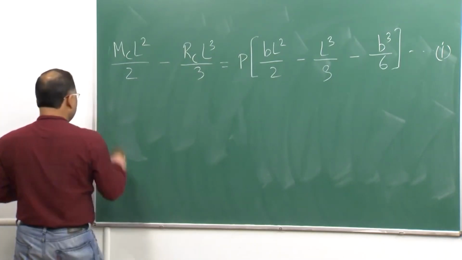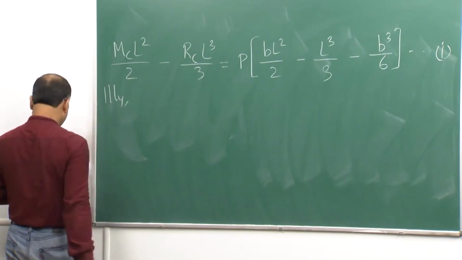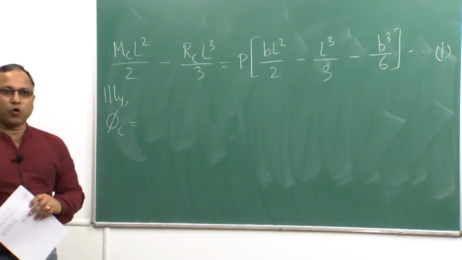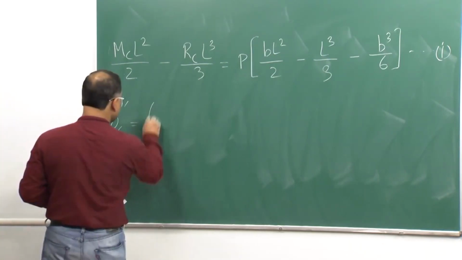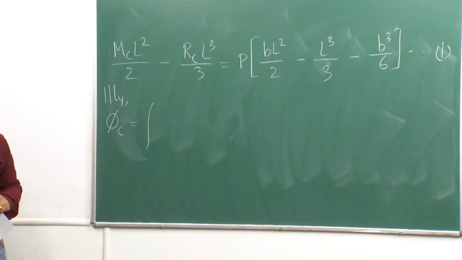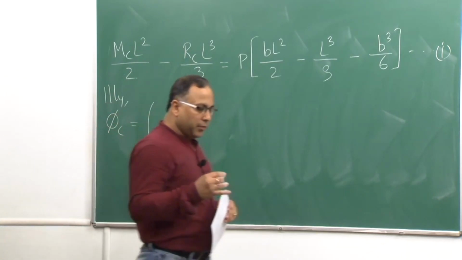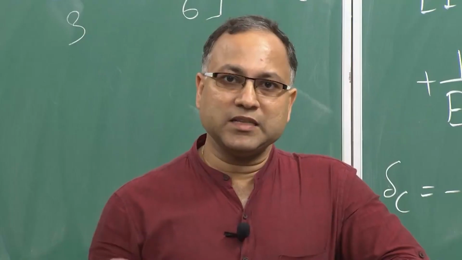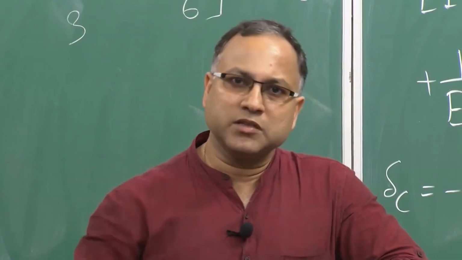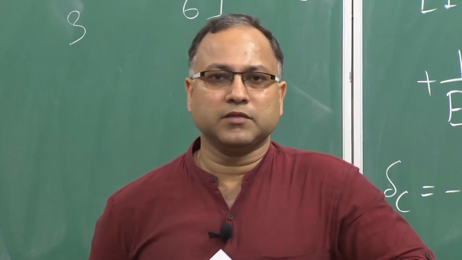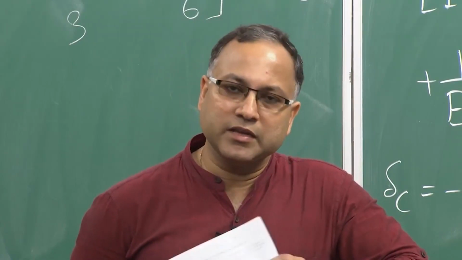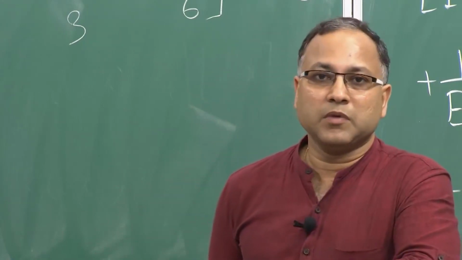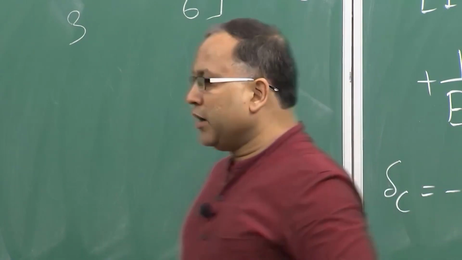Now, similarly, I can find out phi C. What is phi C? That is the rotation at point C. How can we find it? We can find out the rotation at point C by taking the partial derivative of the strain energy with respect to the moment applied at point C. Already some moment, MC, is applied at point C. Therefore, I need not consider any fictitious moment.